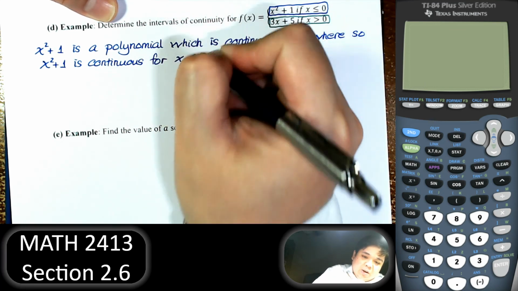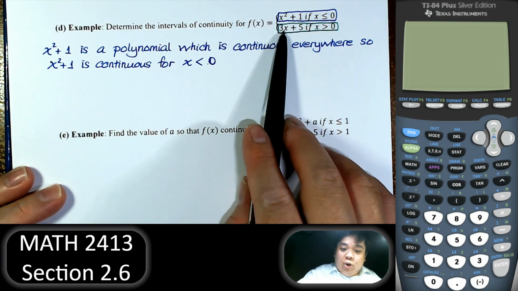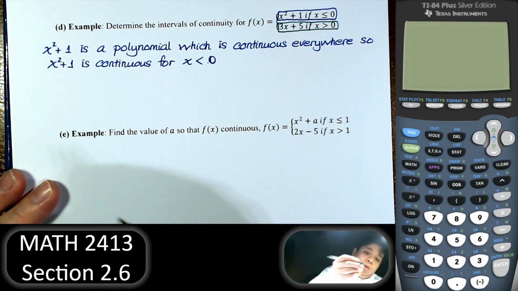That's first. Second, for the same reason, 3x plus 5 is also continuous for x greater than 0.